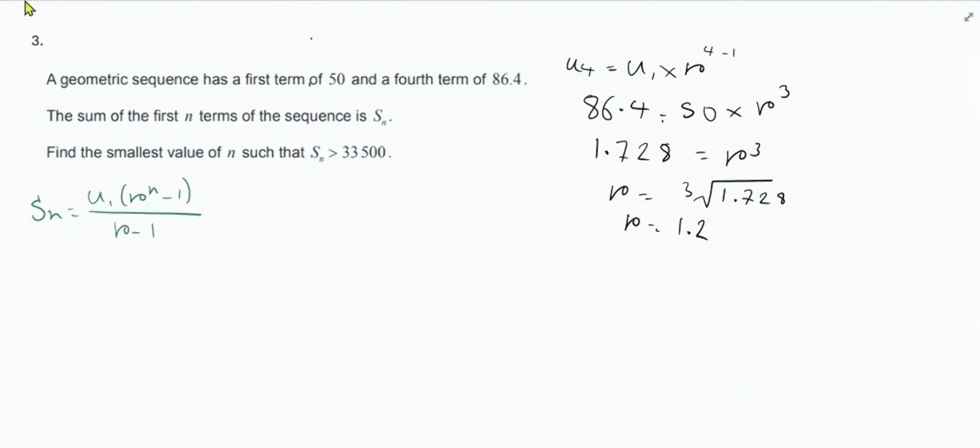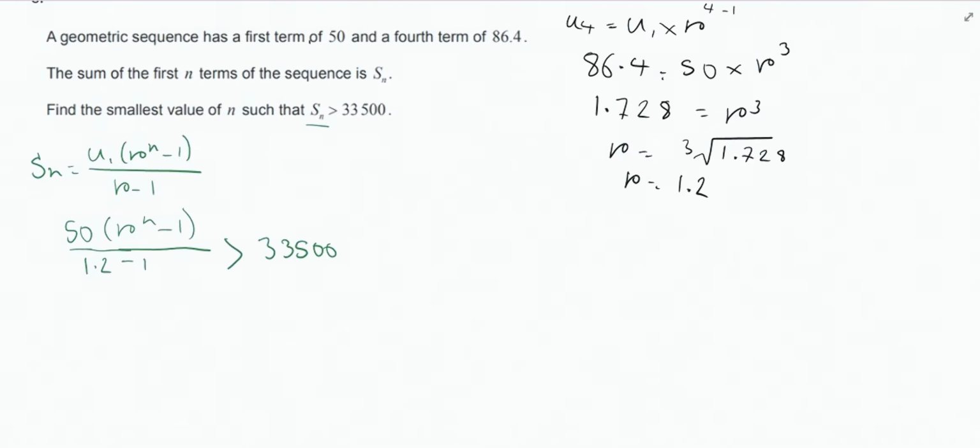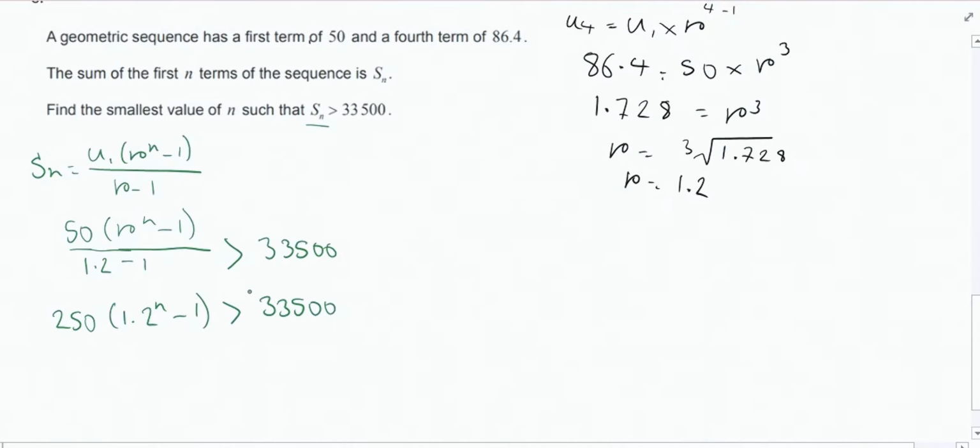The formula we will be using is this. Let's write u1 is 50 and r to the power n minus 1 over r minus 1. We already have the value of r, so it will be 250 times (1.2 to the power n minus 1) less than 33,500.